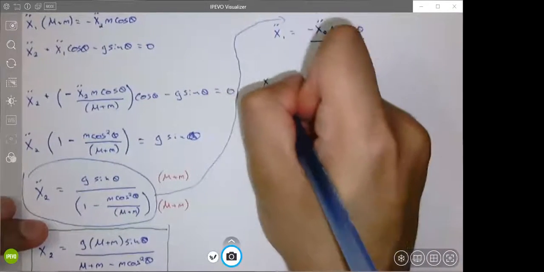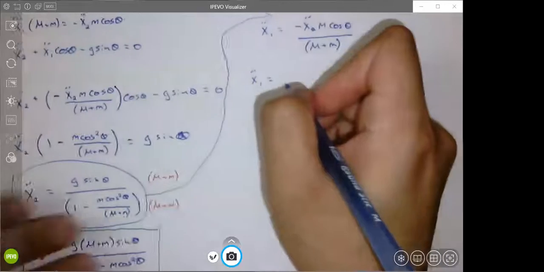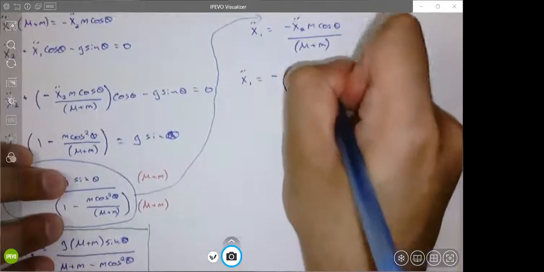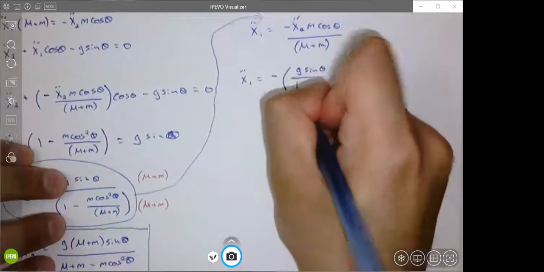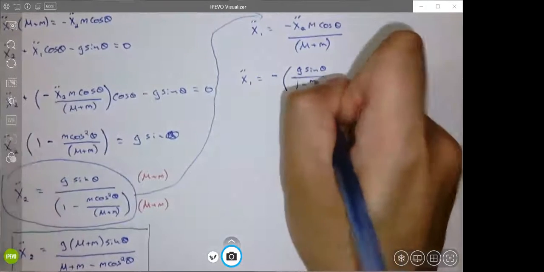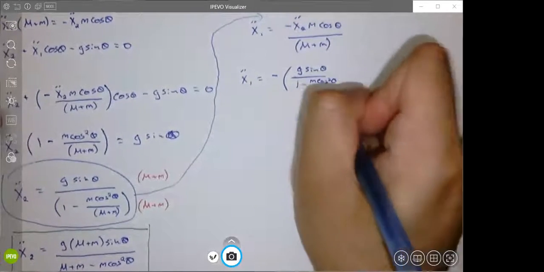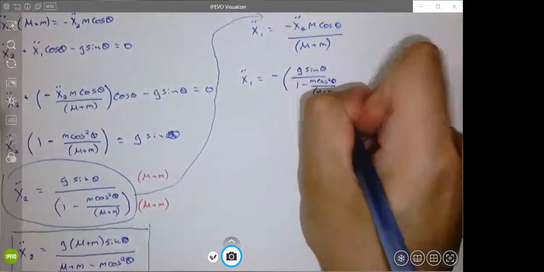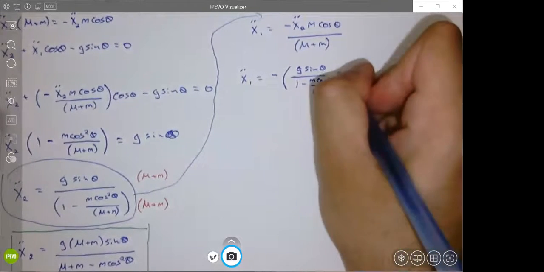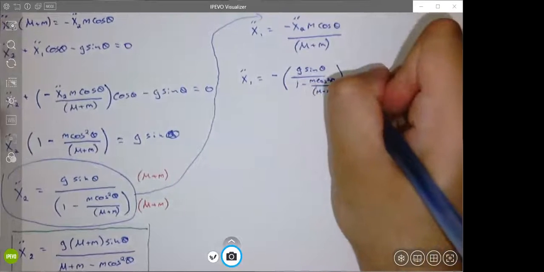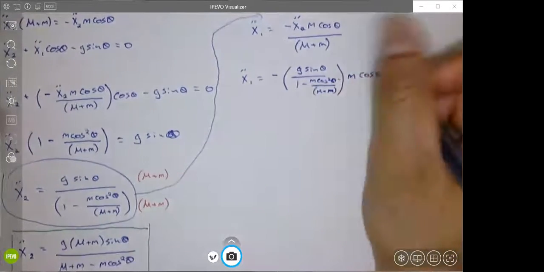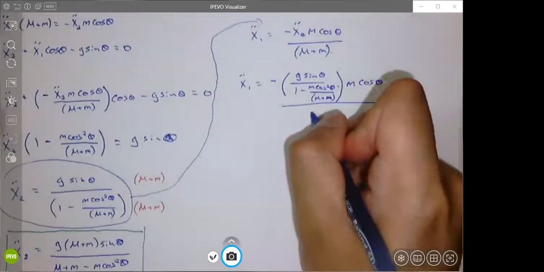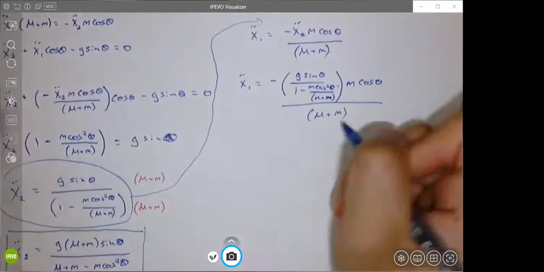So x1 double prime is going to equal negative parentheses big G sine of theta divided by 1 minus m cosine squared theta divided by big M plus little m, and that should be it. And we multiply that by m cosine of theta. So there's that. And then we have to divide the whole thing by big M plus little m.